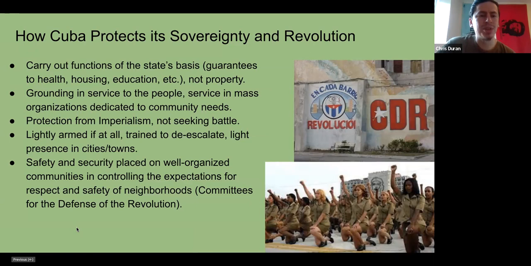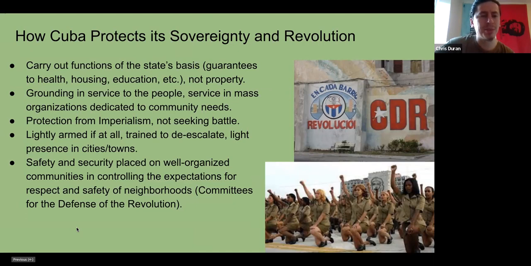That's also one of the reasons why there was not a comrade who ever expressed feeling unsafe in Cuba at any time of day or night. We heard stories like this time and time again.